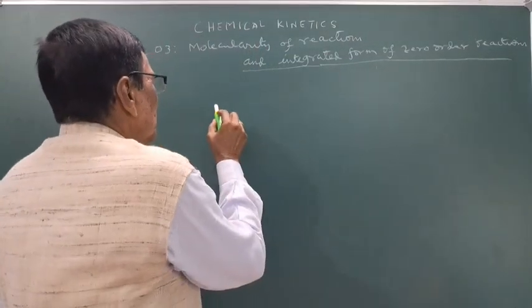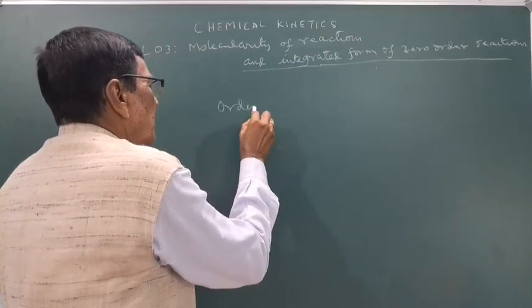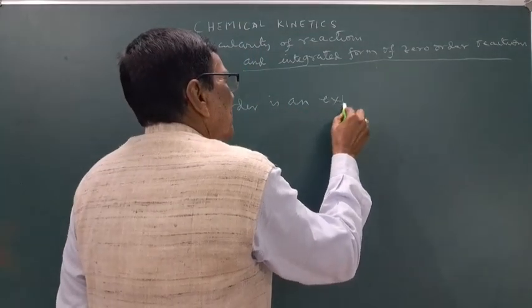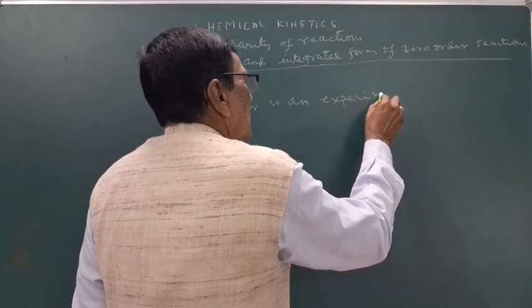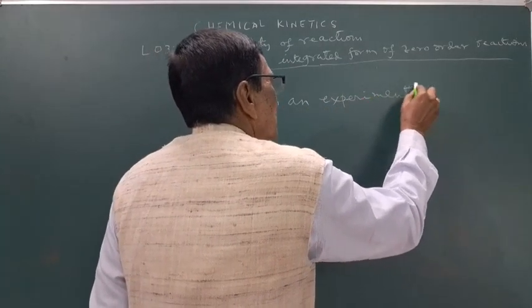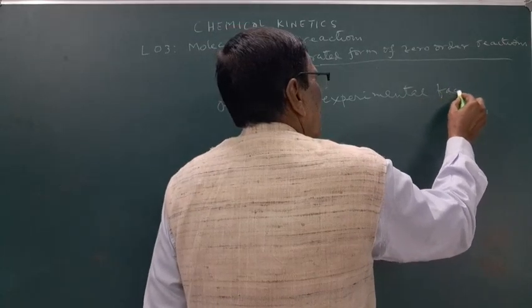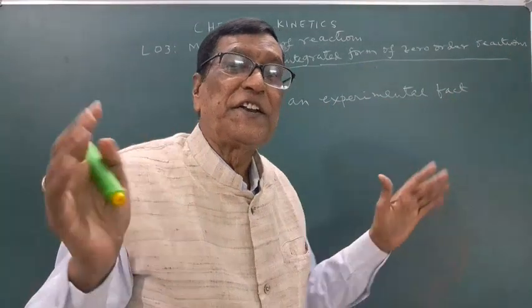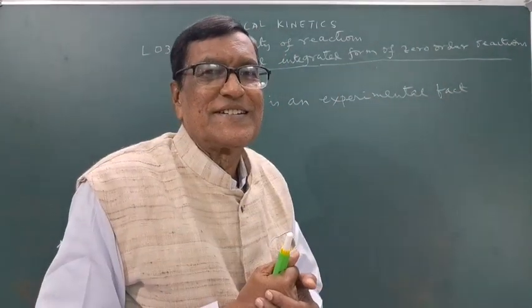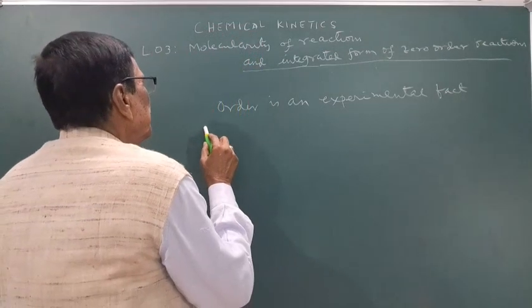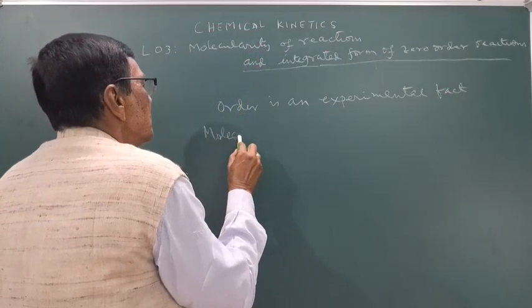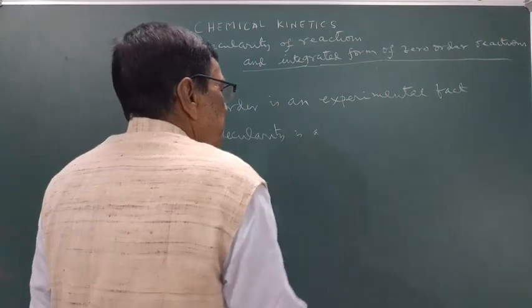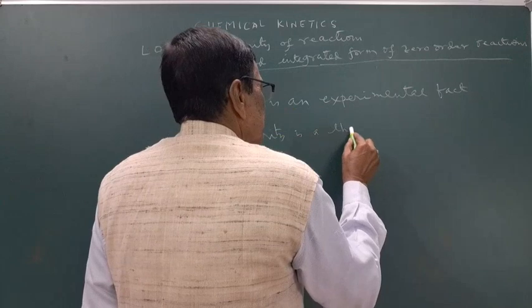Order is an experimental fact, or could only be determined by experimental data, by conducting experiments. But molecularity is a theoretical supposition.